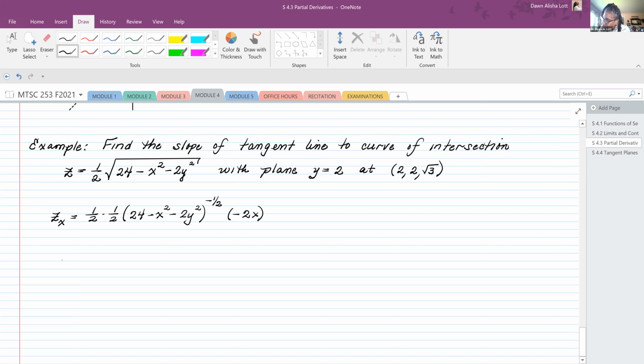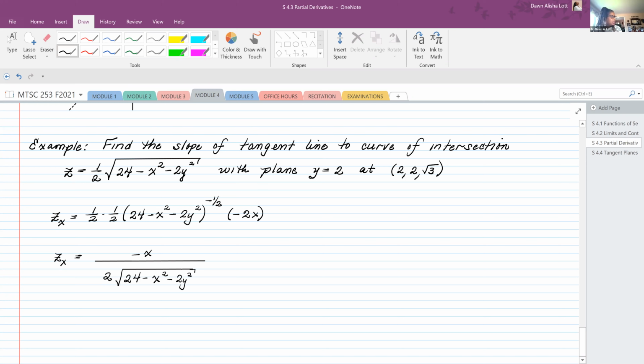So z sub x turns out to be negative x over 2 times the square root of 24 minus x squared minus 2y squared.